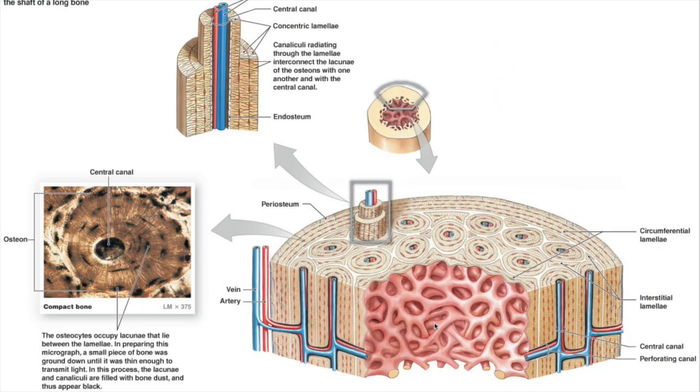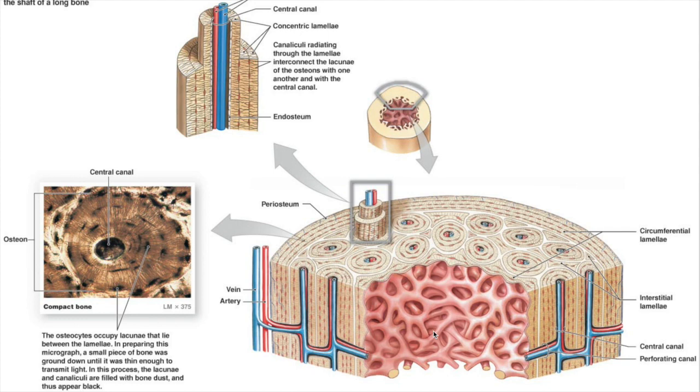Okay, compact bone is what we see here. This is what it looks like under the microscope. It consists of many parallel osteons. This figure only shows 2, but there would be many. And then spongy bone, like here, consists of this network of trabeculae. The basic functional unit of compact bone is the osteon.